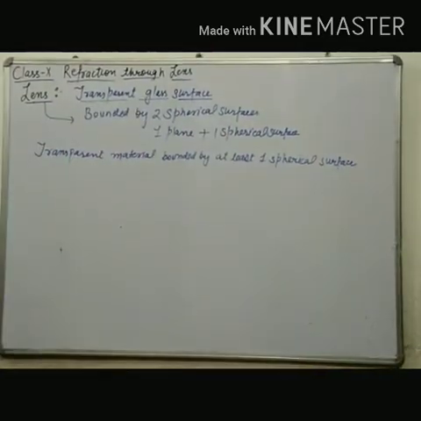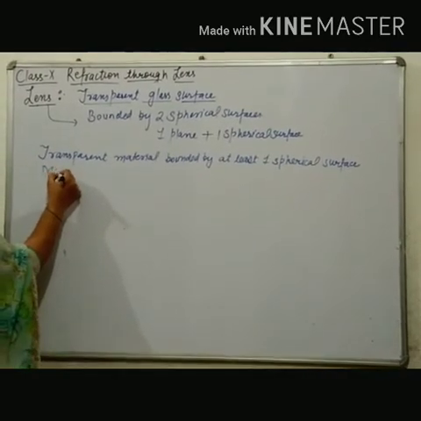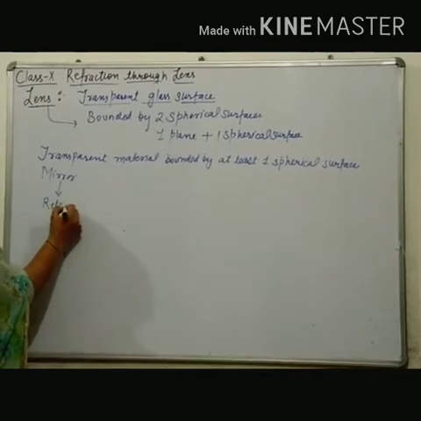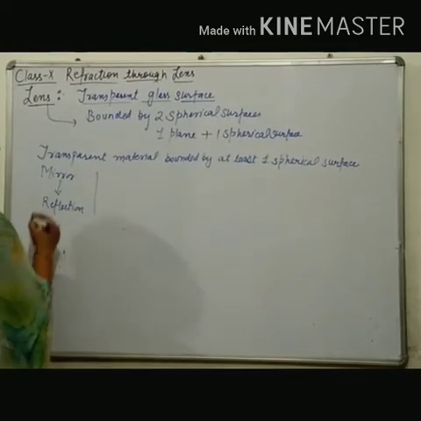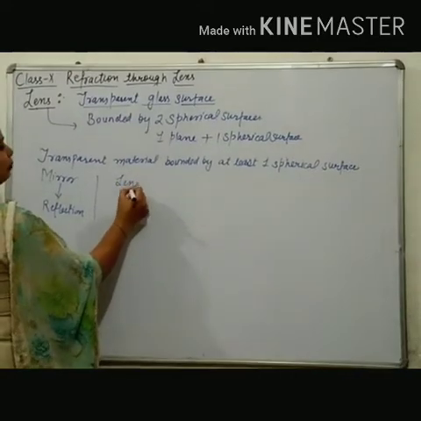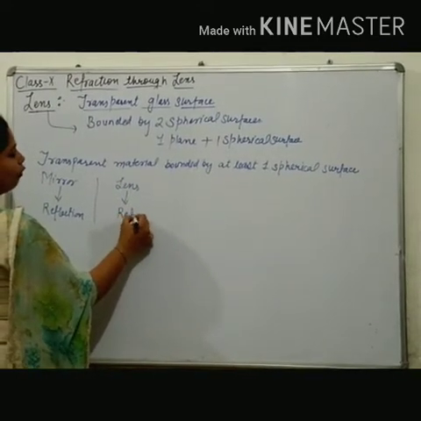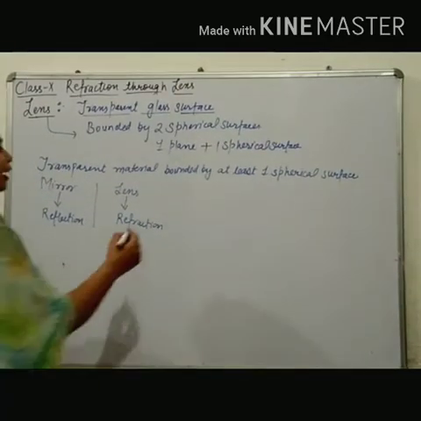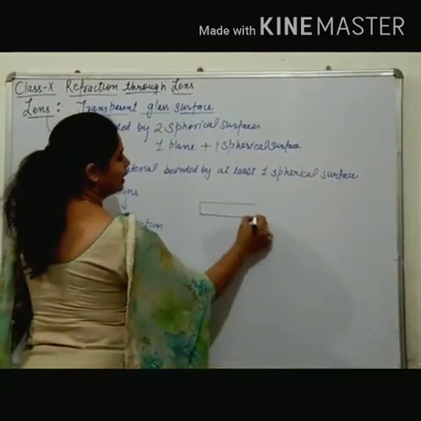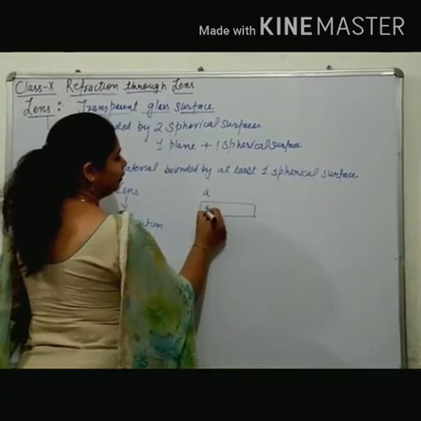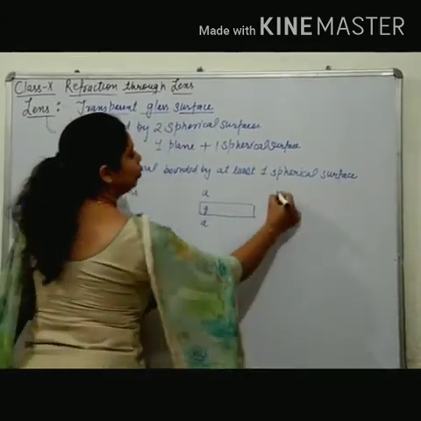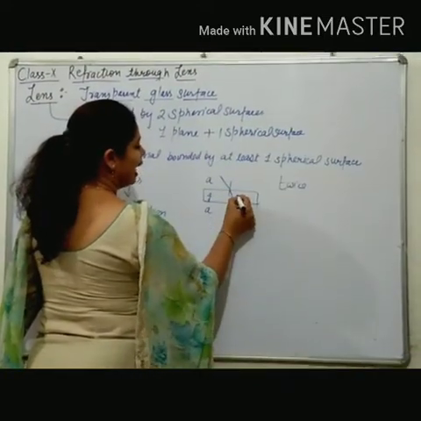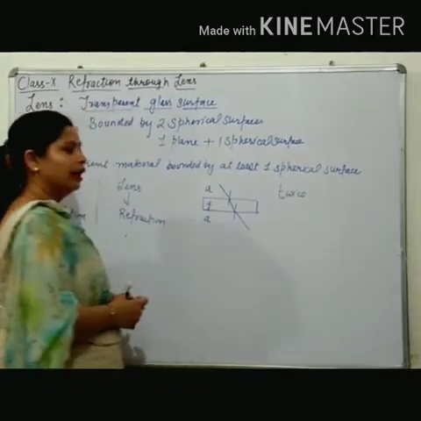As you have learned, the working of a mirror was based on the reflection phenomenon. Similarly, the working of a lens is based on the phenomenon of refraction. As you have seen, when light passes through a glass slab, refraction takes place twice: one from air to glass and then from glass to air.